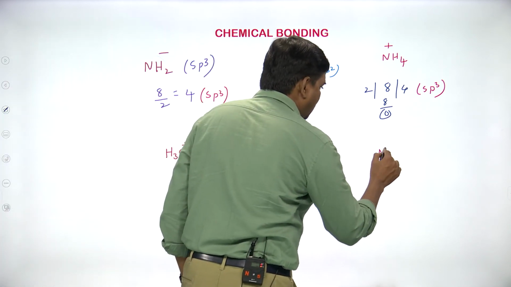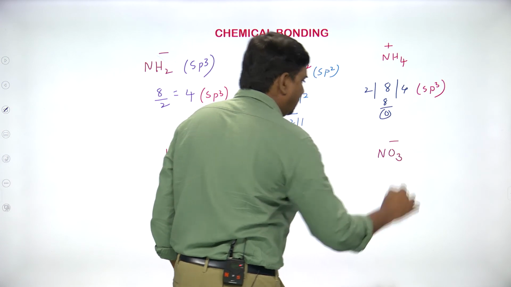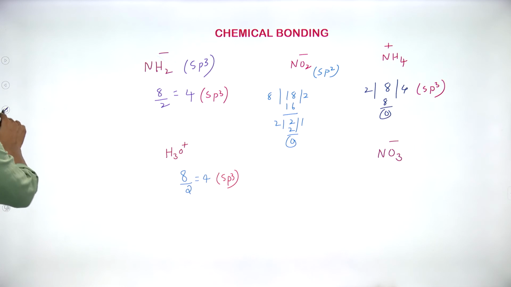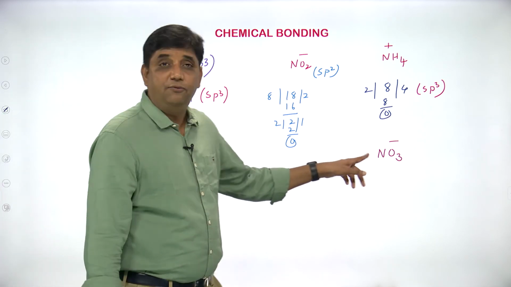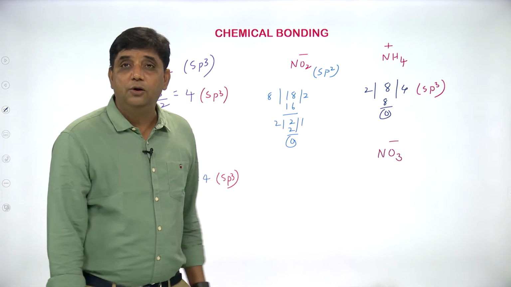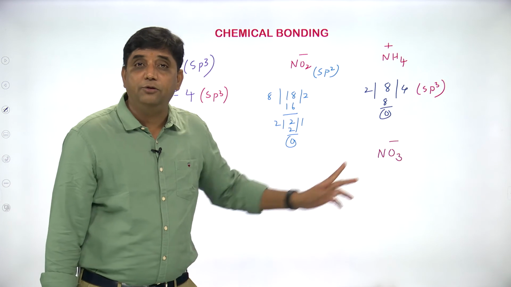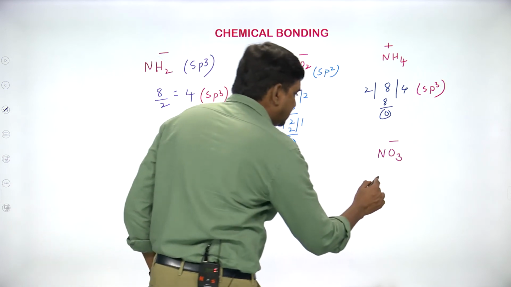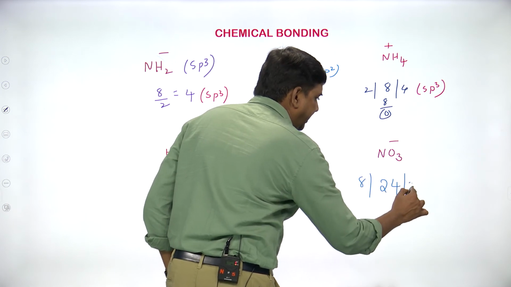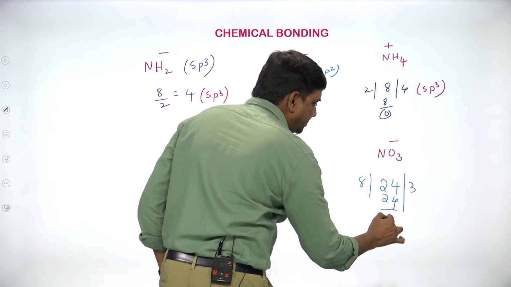And NO3 minus. How should it be calculated? Nitrogen contains 5 valence electrons, 3 oxygens contain 3 into 6, 18 plus 5, 23. 23 plus 1 negative charge, 24. 24 is divided with 8. 8 3s are 24, 0.